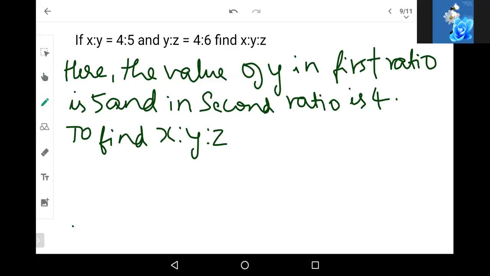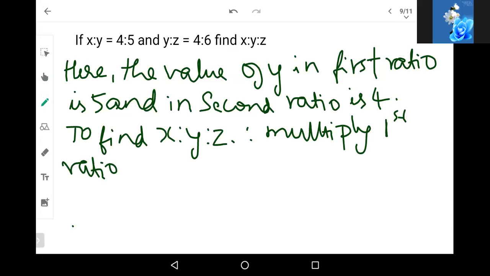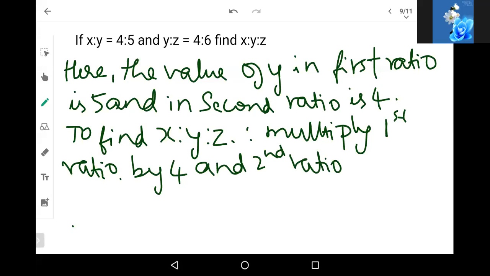Okay, so therefore we will multiply the first ratio by 4 and the second ratio by 5. Okay, so what will happen at that time? X is to y, that is 4 is to 5.